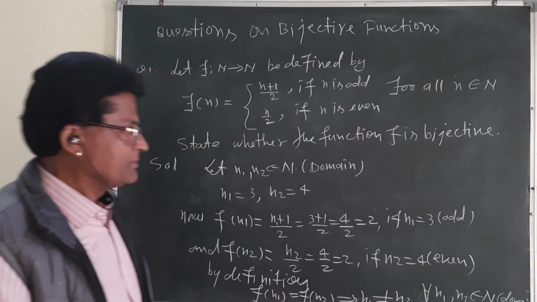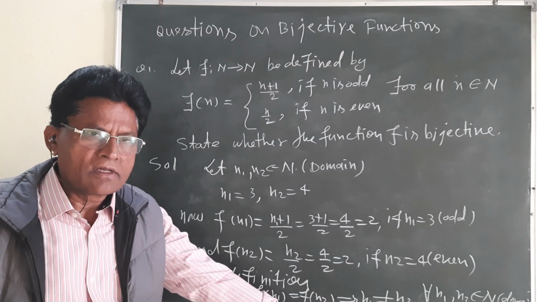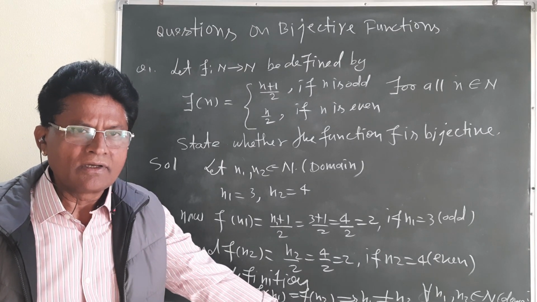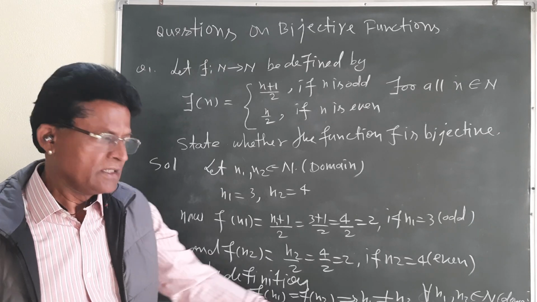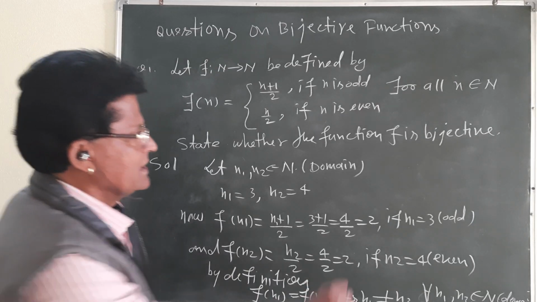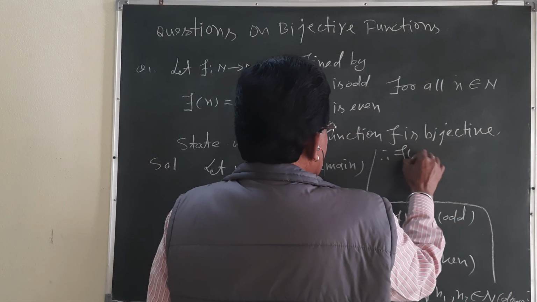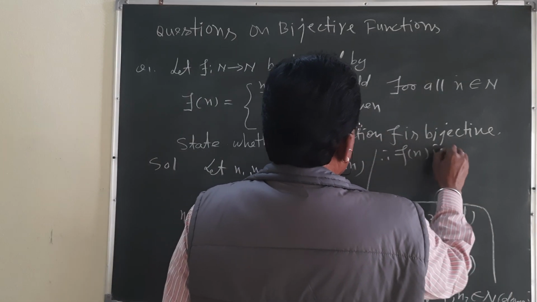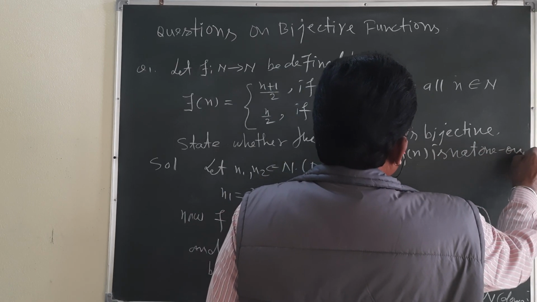My dear student, you must keep in mind that if this condition holds, then the function is not one-one. Therefore, f(n) is not one-one.